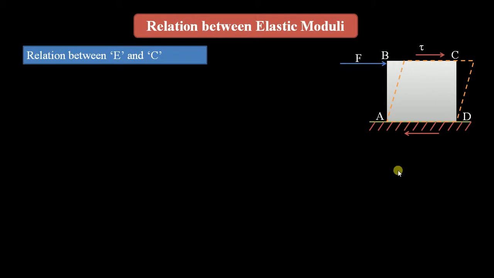That means the point B has moved to B dash and point C has moved to C dash. Before that, I would like to represent the diagonal. If you consider the deformation of the diagonal also, the diagonal AC will move to AC dash due to the deformation caused by the shear force we have applied.